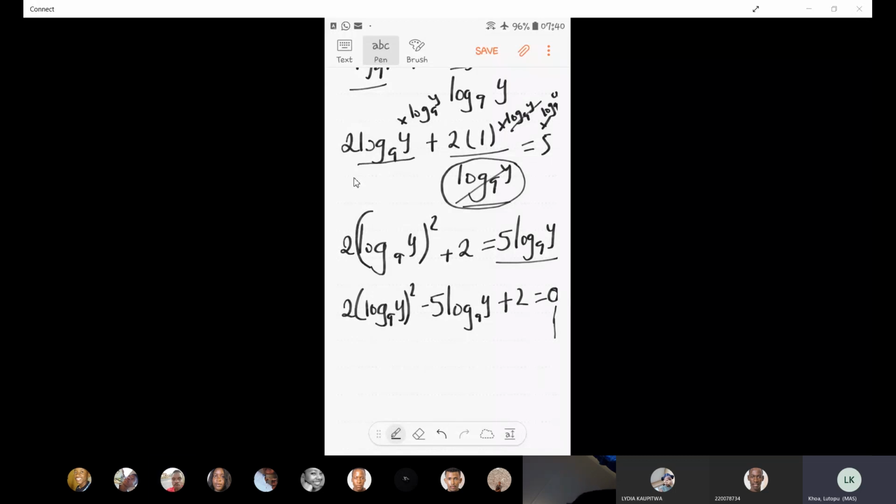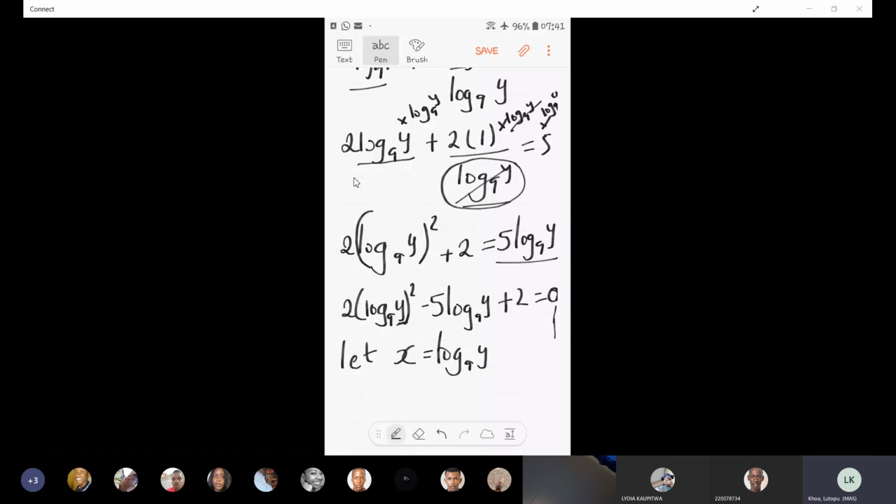Now I can substitute, to show that this is a quadratic equation. I can say let x equal log base 9 of y. You do not use y because y is already in the equation.